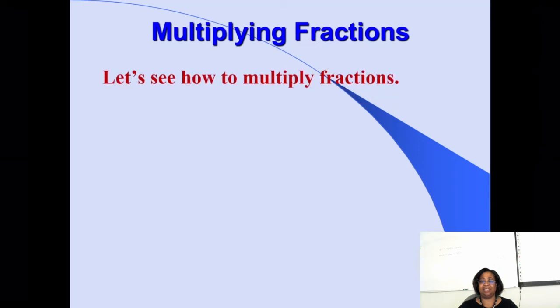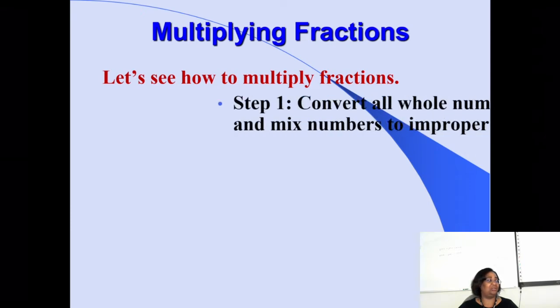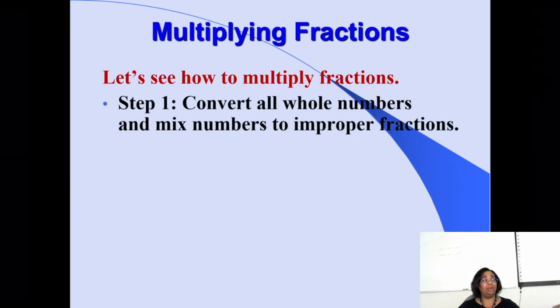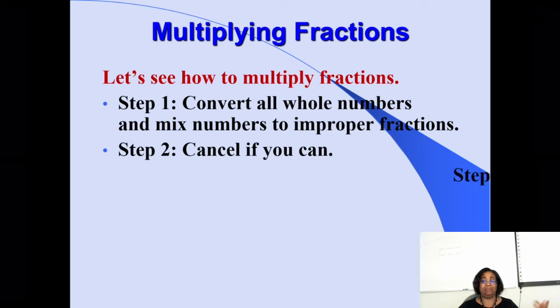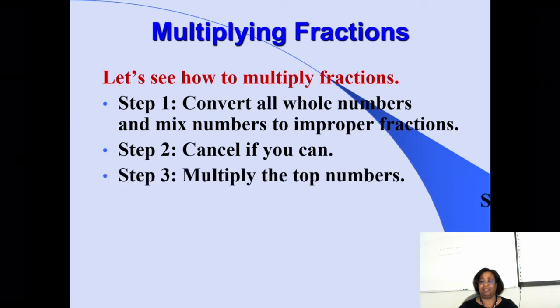So let's actually look at how we're supposed to multiply fractions. When you multiply fractions, the first thing you need to do is any whole number or mixed number needs to become improper. Step 2, cancel if you can. Try to make the multiplication as low as you can. Step 3, multiply the numerators. Then step 4, multiply the denominators.